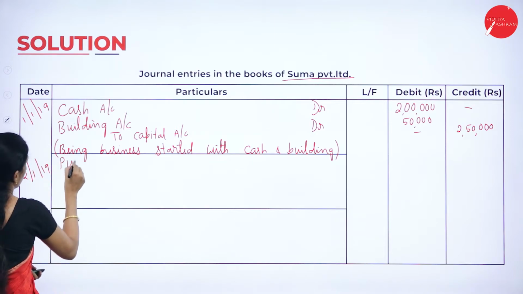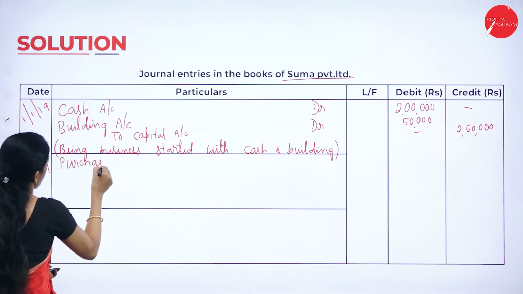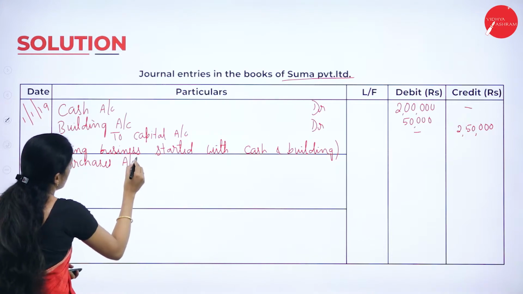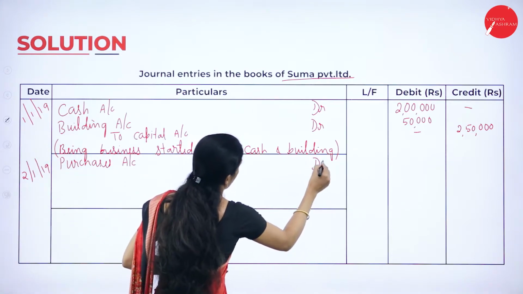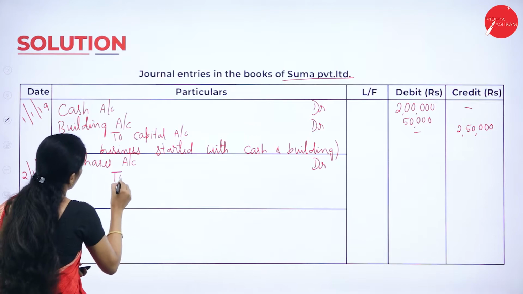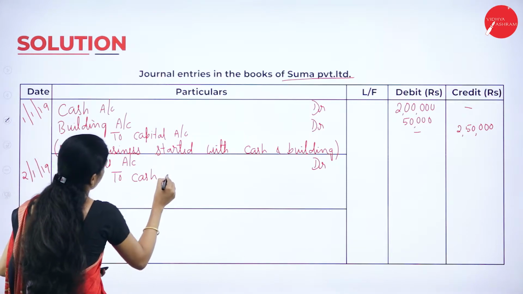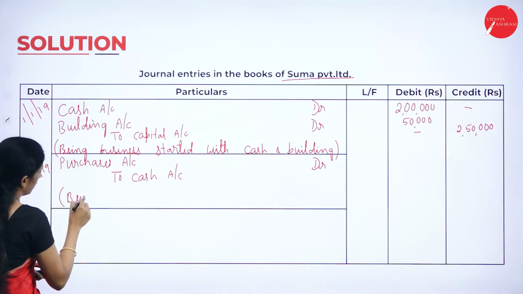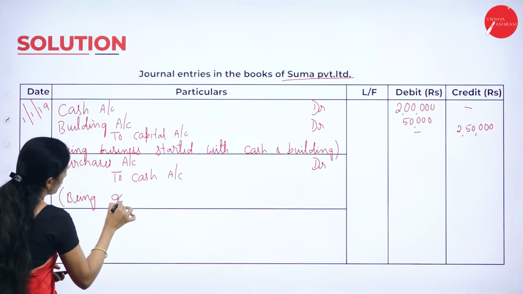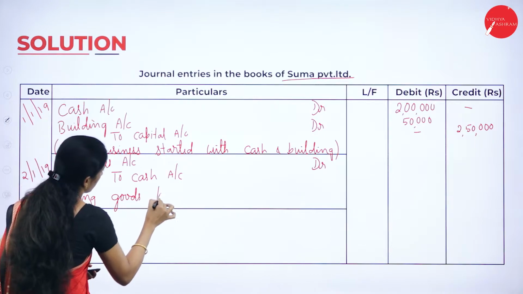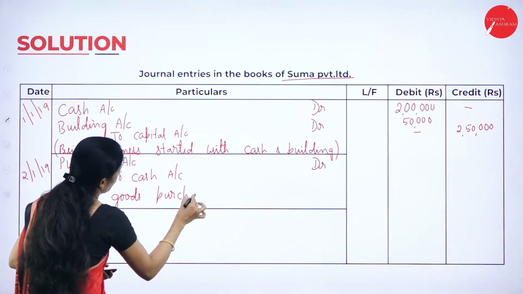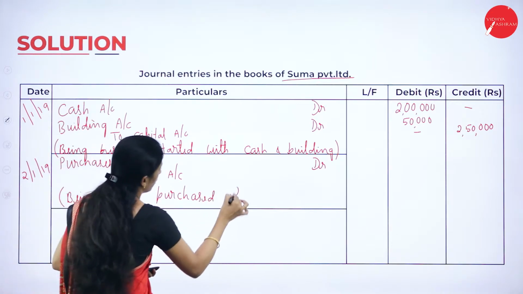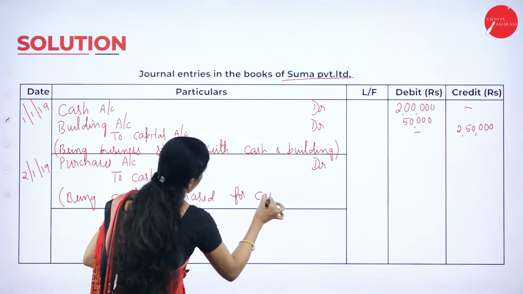2/1/2019, purchase account debit to cash account. Write the narration. Being goods purchased for cash.